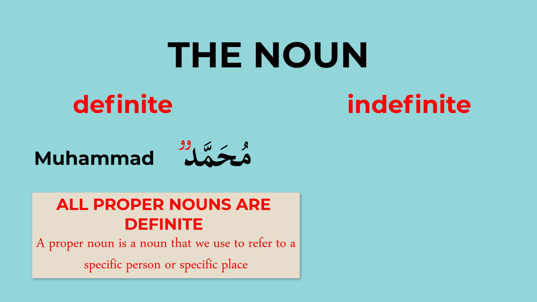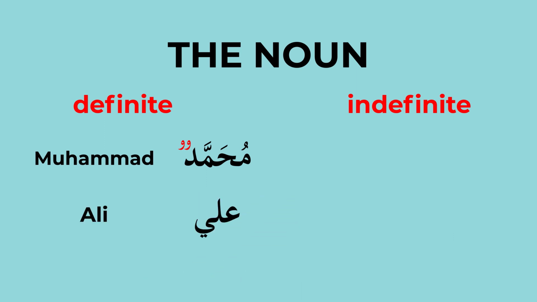When you say Muhammad, it doesn't mean any Muhammad. It means one particular Muhammad. If I say Ali, brother, how do you write Ali? We always say Ali, but truly speaking, Aliyun. See the tanween?